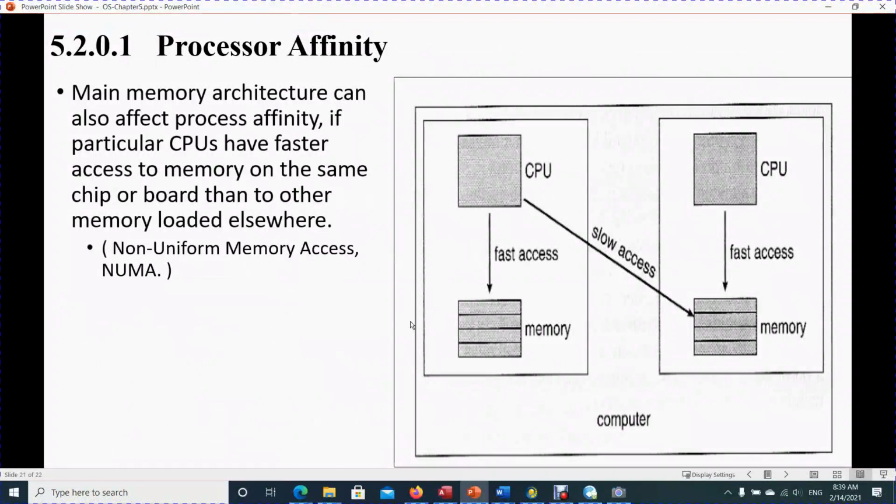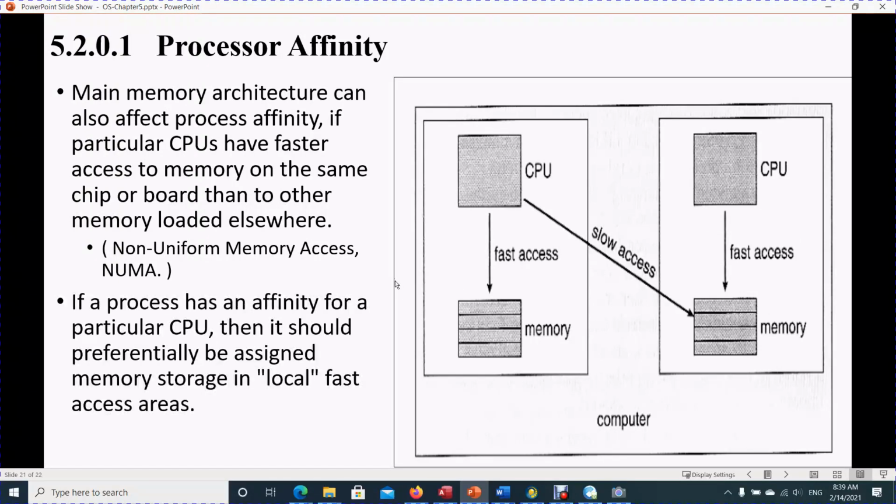Main memory architecture can affect process affinity too. If some CPUs have faster access to some regions of memory on the same board, and others have better access to other regions of memory, if we have non-uniform memory access, then clearly you should have all of a process loaded into memory that is fast for the processor working on the process.